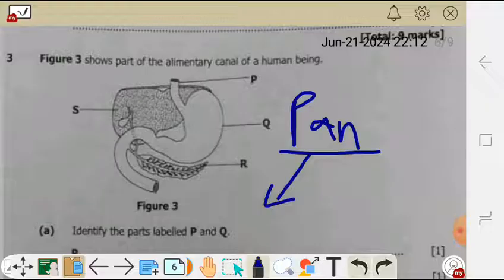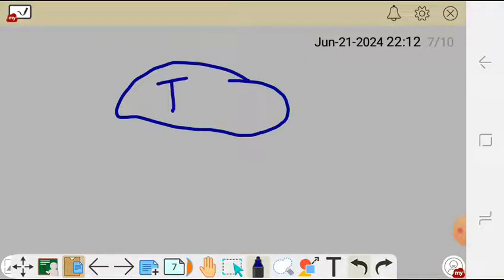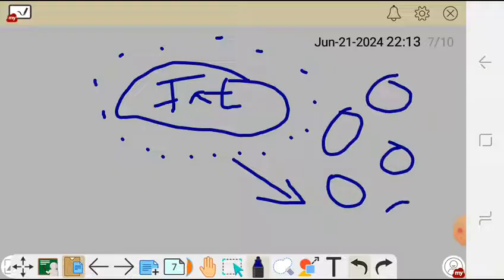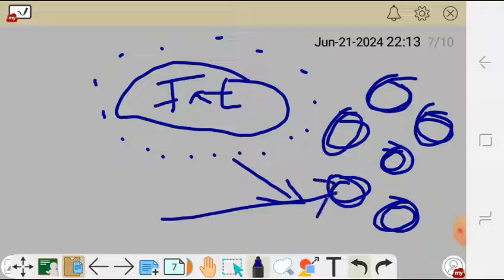will work on fats. Okay, so if we have a large molecule of fat, what will happen is that the bile will come and break this into small droplets of lipids. These are fats. So now these smaller particles or droplets of fats will be worked on by the enzyme called lipase.